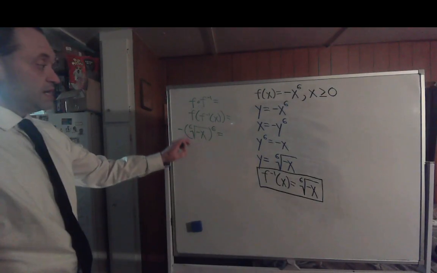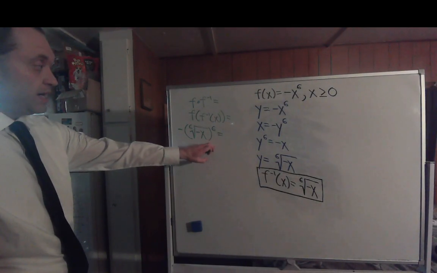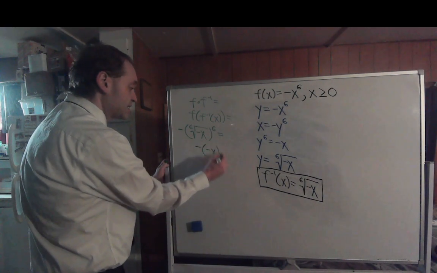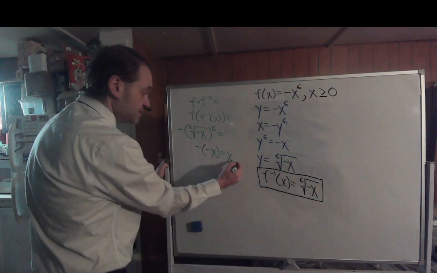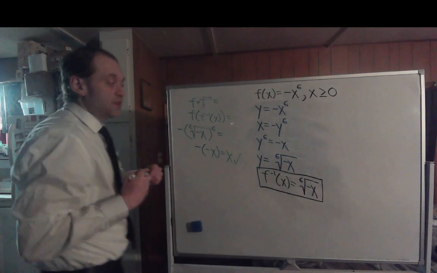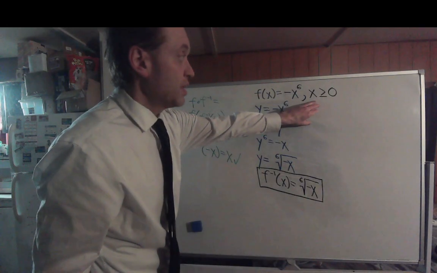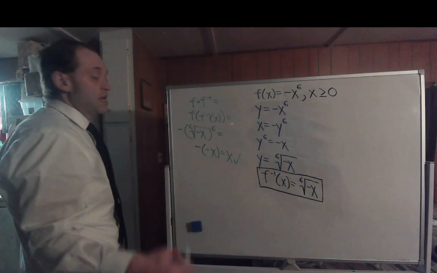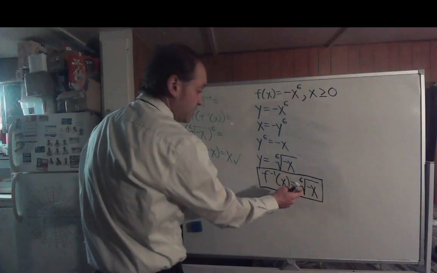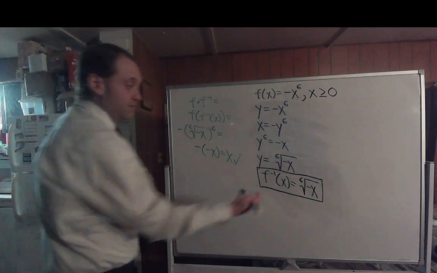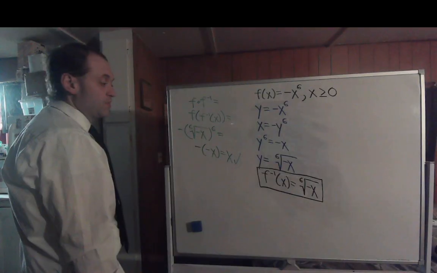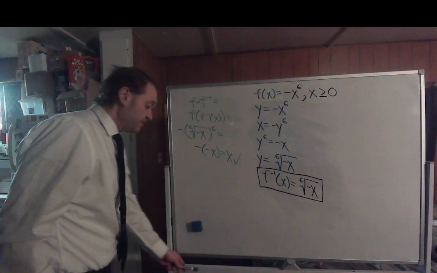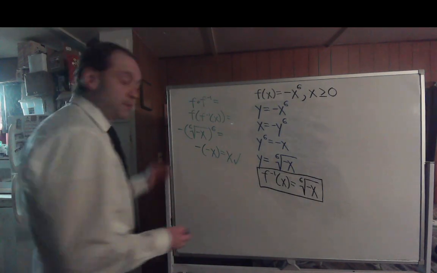Well, if you deal with the parentheses and the power, you'll end up literally getting negative of negative x, which would just give you x. So yes, you found the inverse for the domain where x is greater than or equal to 0 of the original function. That means your range becomes greater than or equal to 0 in the inverse. So yes, f inverse of x equals the 6th root of negative x when you restrict the domain.